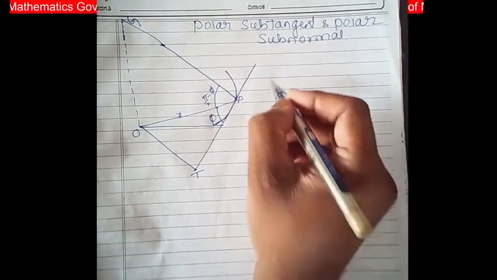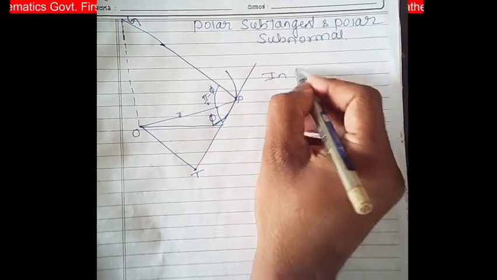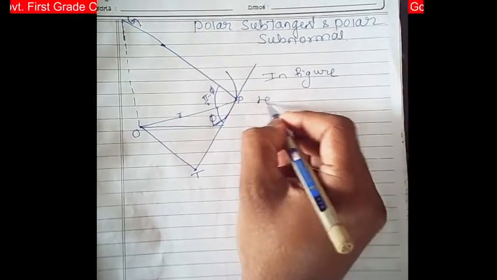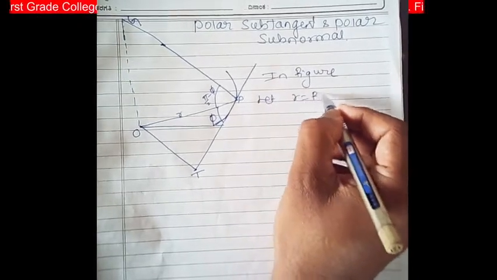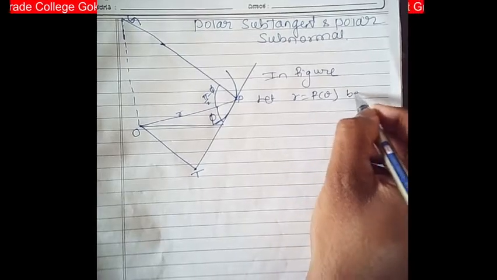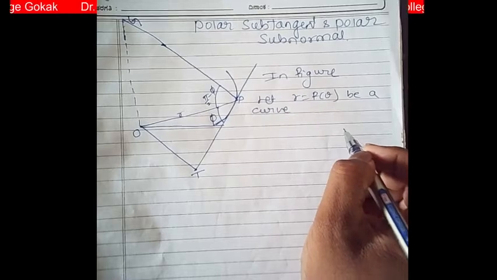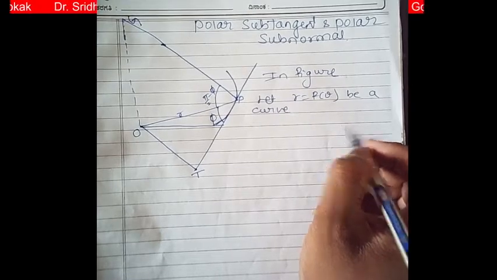Okay, so here in the figure, let r is equal to f of theta be a curve.